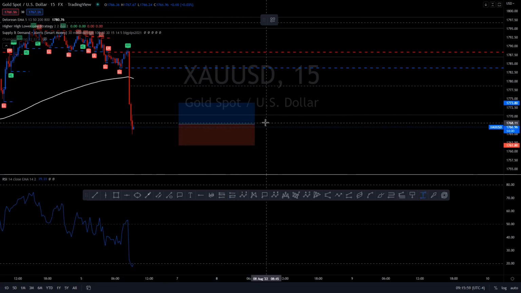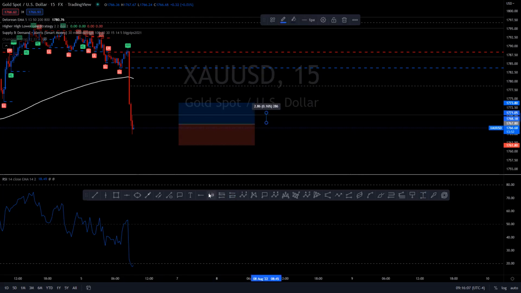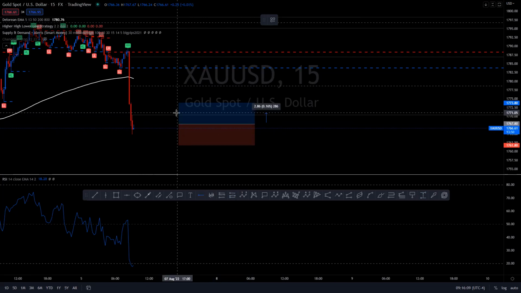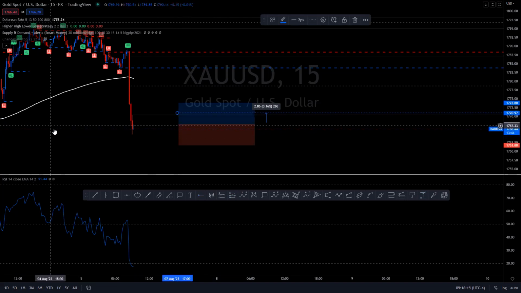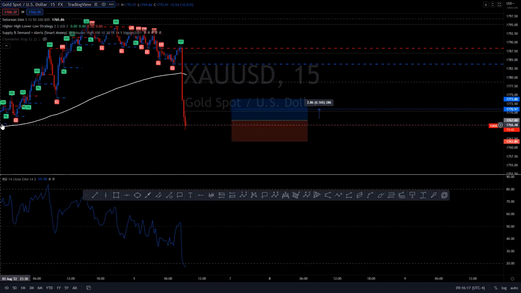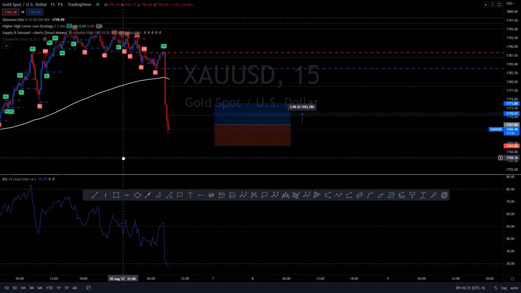Then I'm probably going to shoot for the buy, if that even makes sense. So, see something here. Yeah, so we have a support here. So I'm going to put, what are my demand zone?